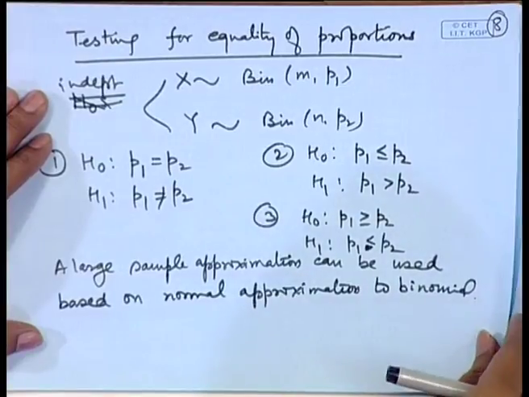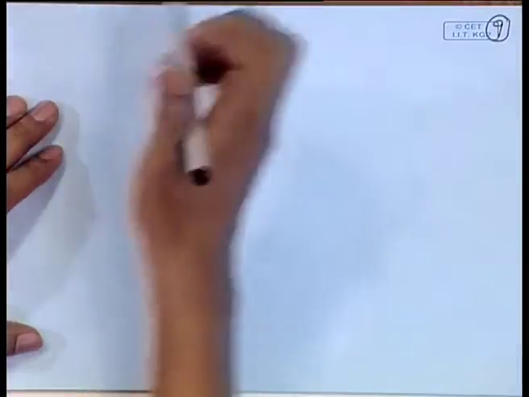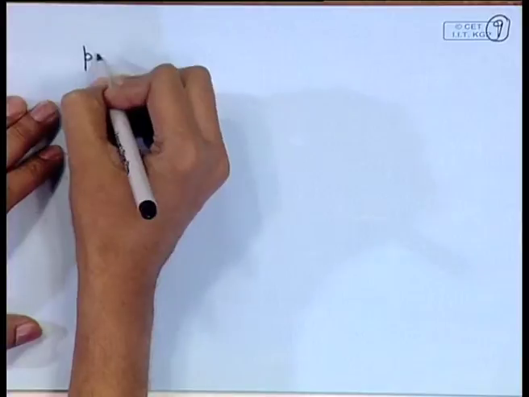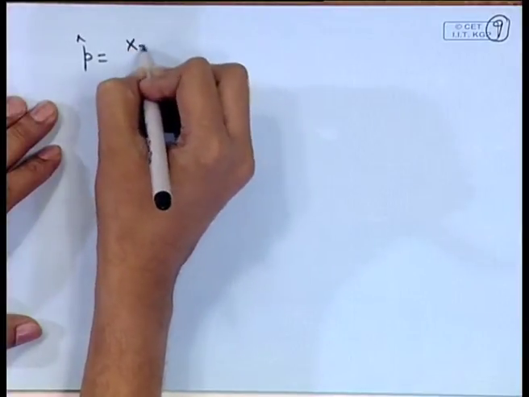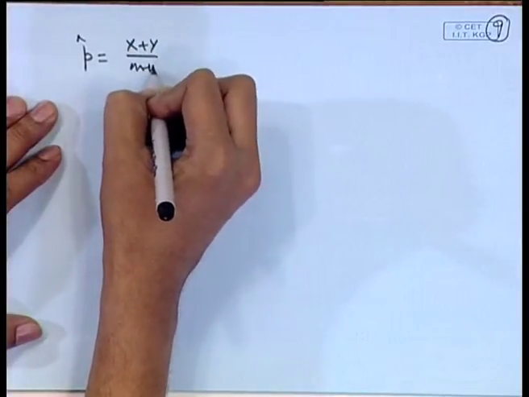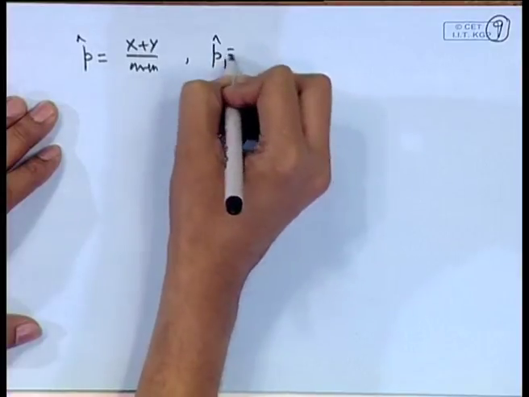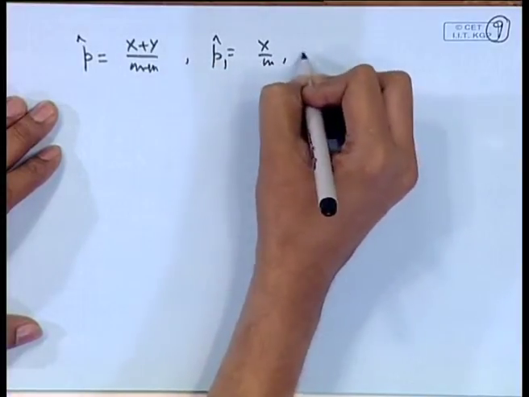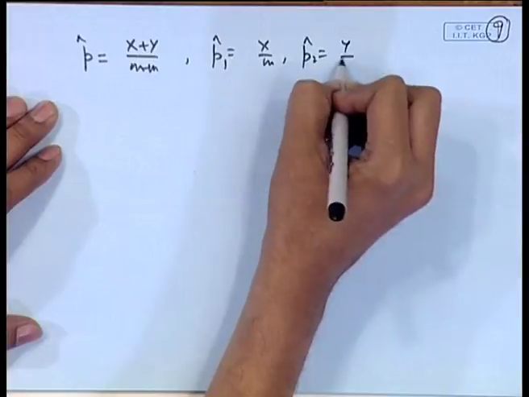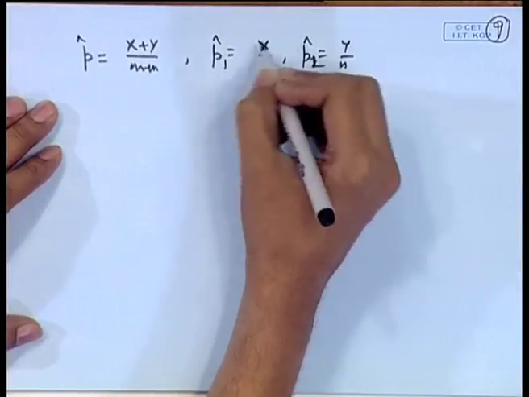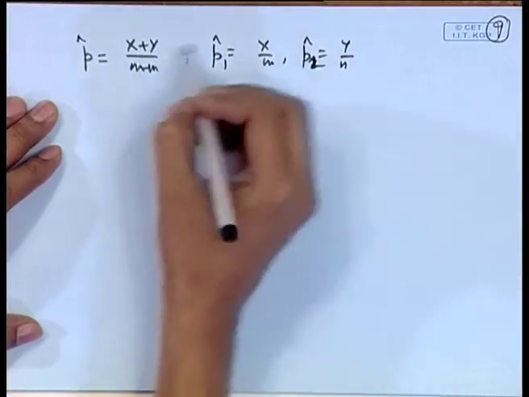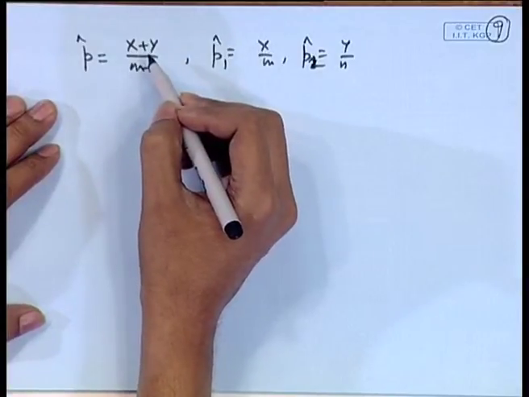So, we may calculate here p hat as (x plus y) by (m plus n), p1 hat is equal to x by m, p2 hat is equal to y by n. So, this is the first proportion, this is the second proportion, sample proportions, and this is the pooled proportion.